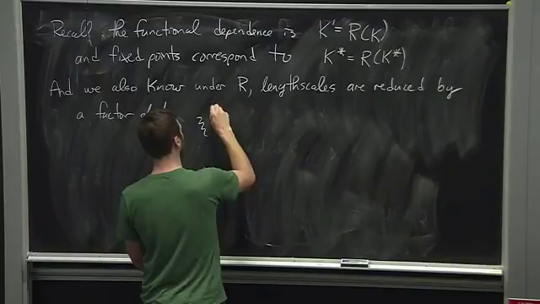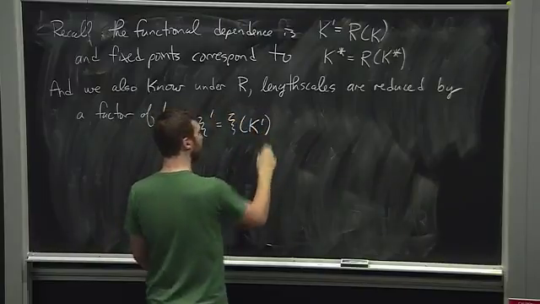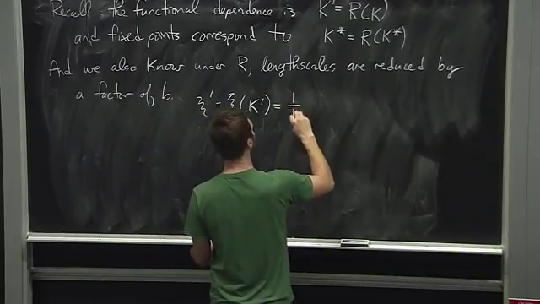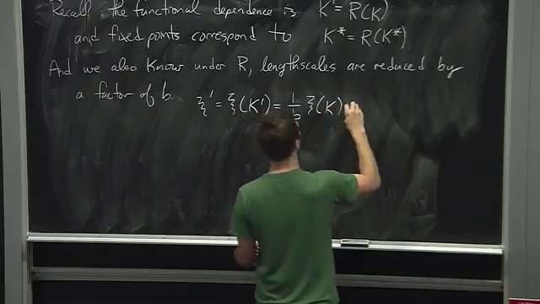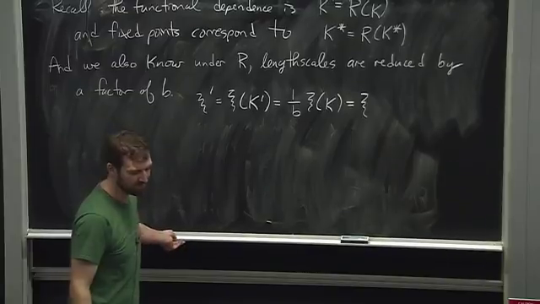So the correlation length prime, I might have called it, which is the correlation length in terms of K prime, is 1 over B times the correlation length in terms of K, which is just what I was calling the correlation length.